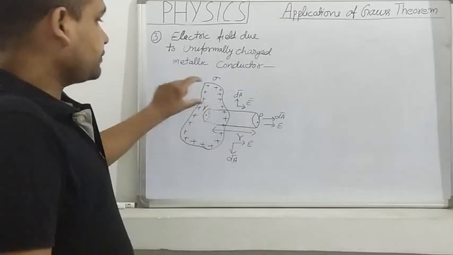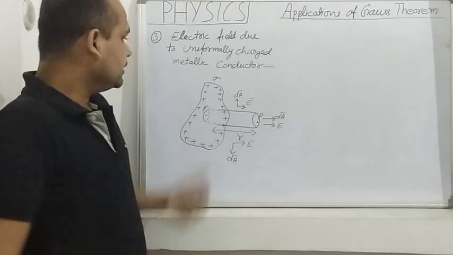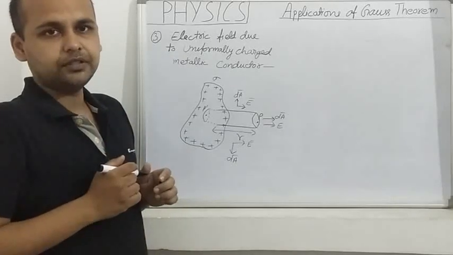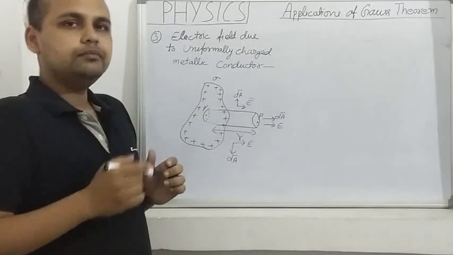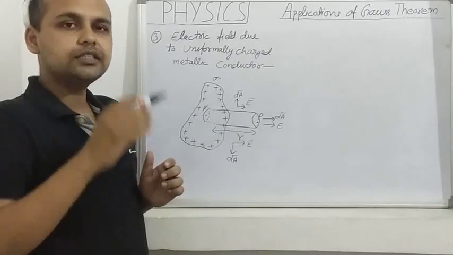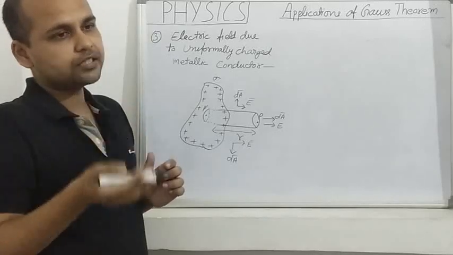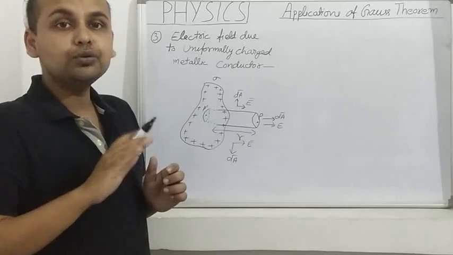Now, since I have told you just now, and again I am repeating, that in a charged conductor, the charges will always be on the surface of that conductor. Inside the conductor there will be no charge.